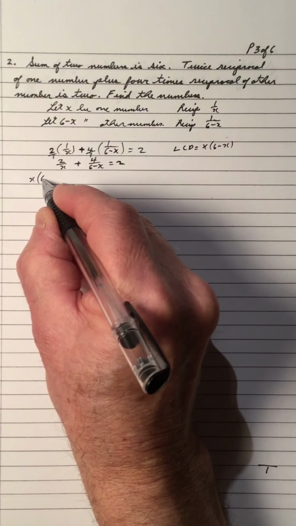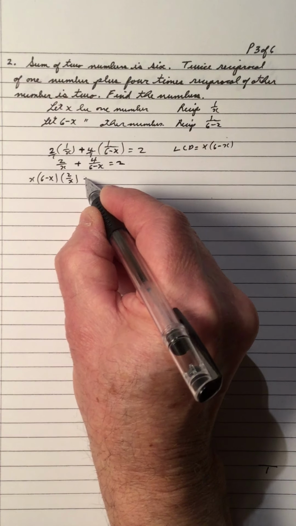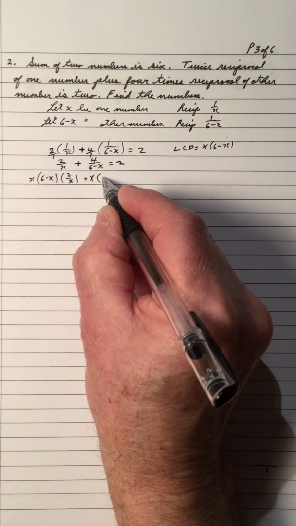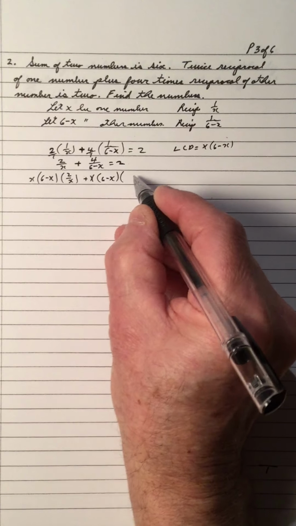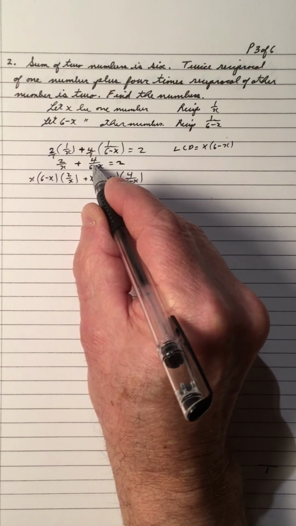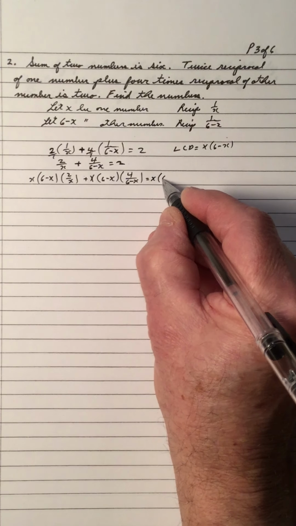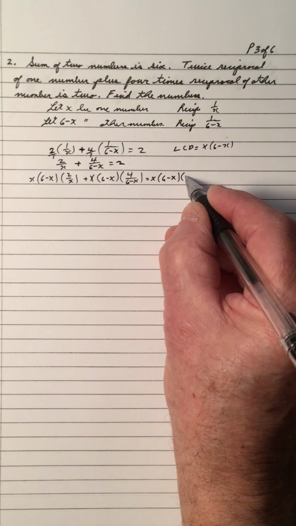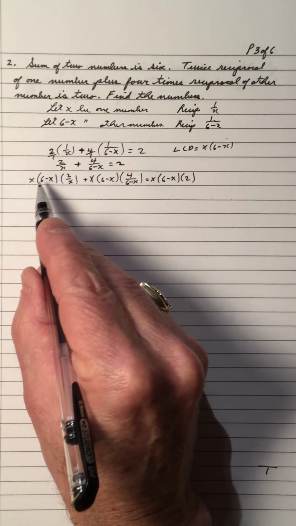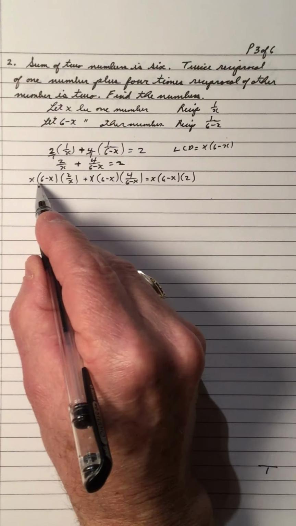I multiply all parts of the equation by the LCD. So the LCD is x times 6 minus x times 2 over x, plus x times 6 minus x times 4 over 6 minus x, equals x times 6 minus x times 2. So I take the LCD and I multiply it by each part of the equation. Notice I wrote it down.